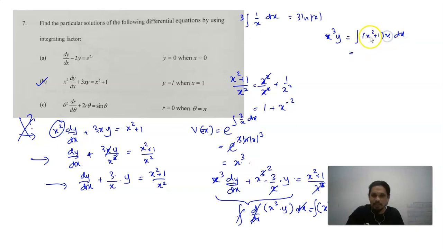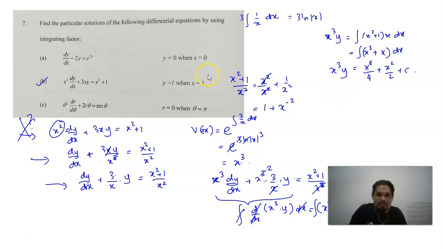Expand this: x squared times x is x cubed, and x times 1 is x, dx, equals x to the power of 4 divided by 4 plus x squared over 2 plus c. And then divide by x cubed everywhere.